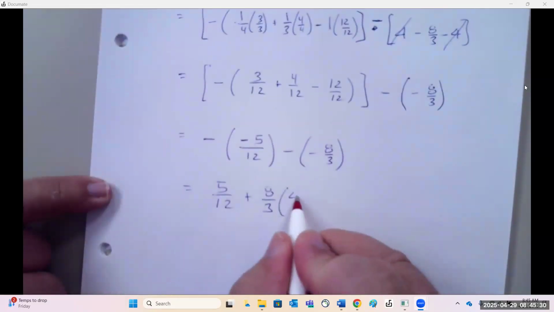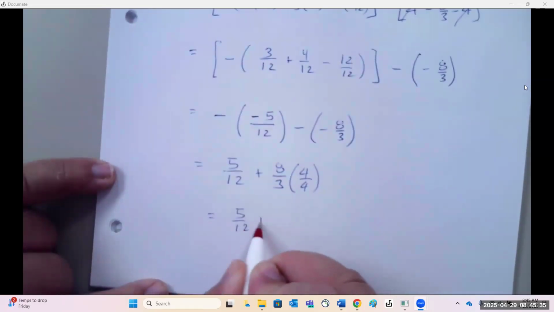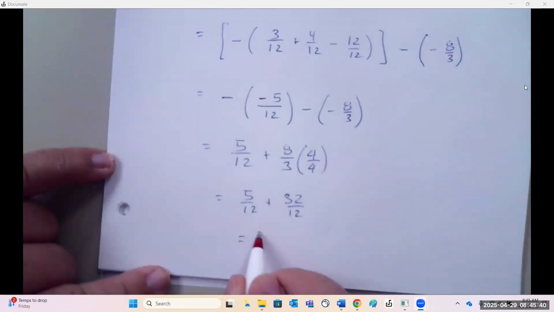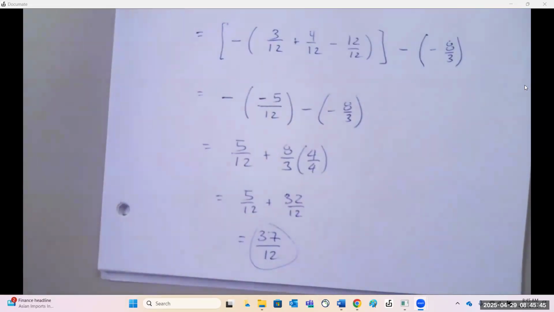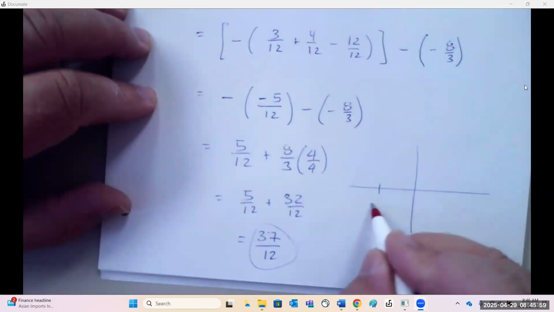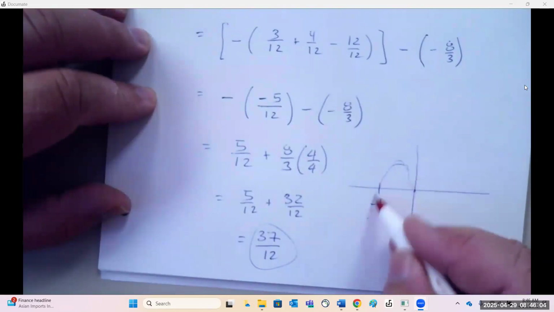Get a common denominator. So 5/12 plus 32/12 is 37/12. That's the area under our curve. Basically what it looks like from -1 to 0, it's above the x-axis.